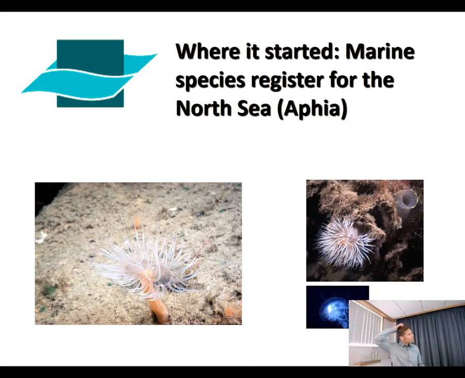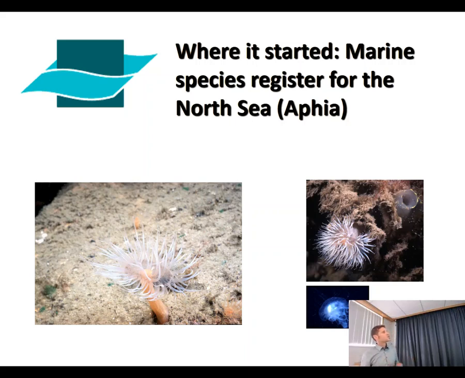So I looked for some old presentations on the server of VLIZ, and I think we can say that it all started with a database called Aphia, which was being developed more or less at the same time as the VLIZ Institute started, around 2000.